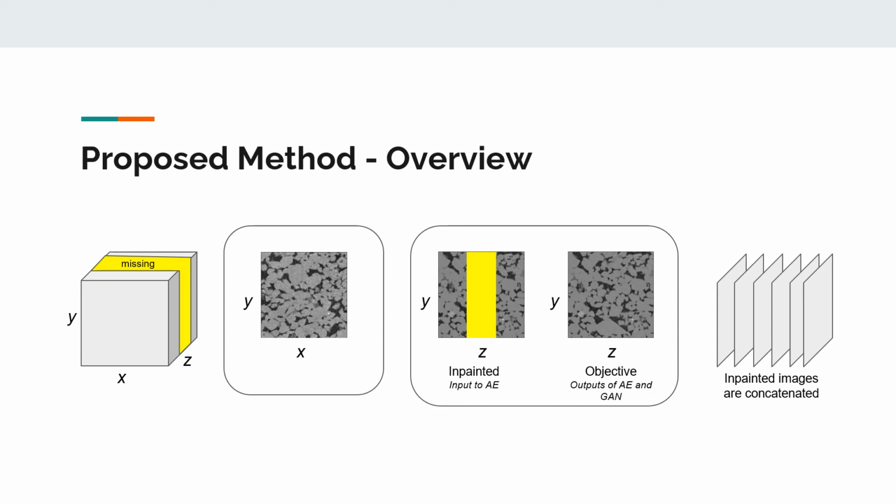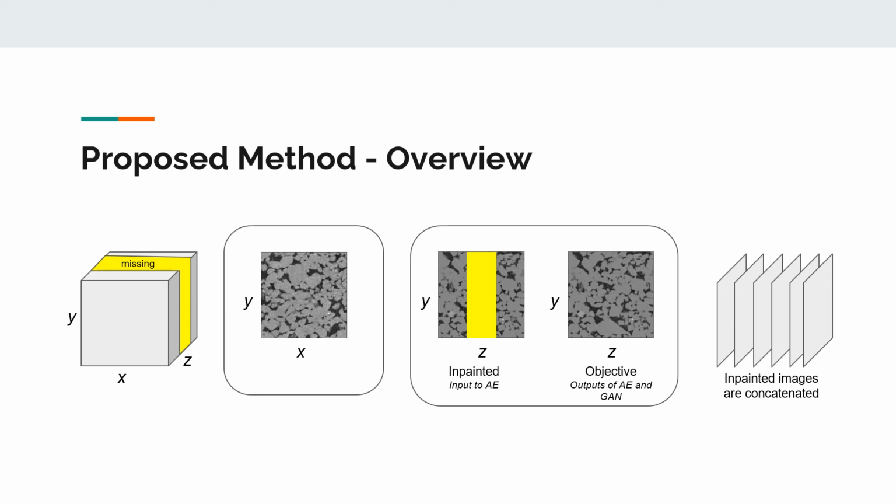Here, we observe that each slice along the x-axis is a 2D image with an unknown region, which is labeled yellow in our images. We then want to train a 2D autoencoder and GAN to solve the in-painting problem. Following this, we can concatenate the 2D samples along the x-axis to recover the original image.